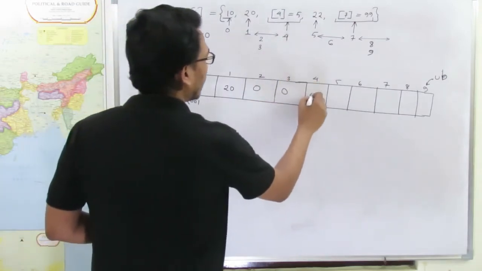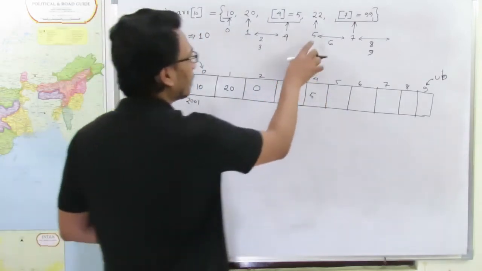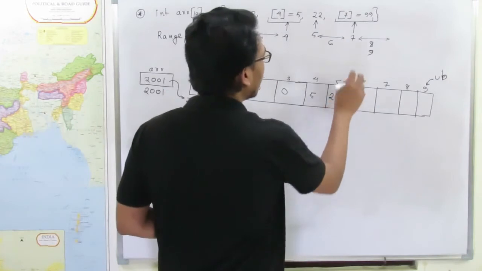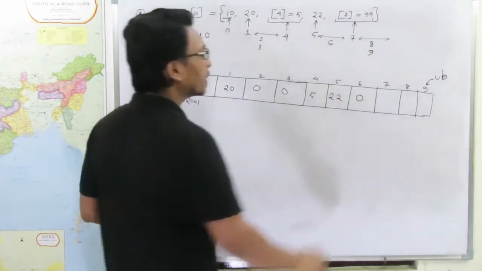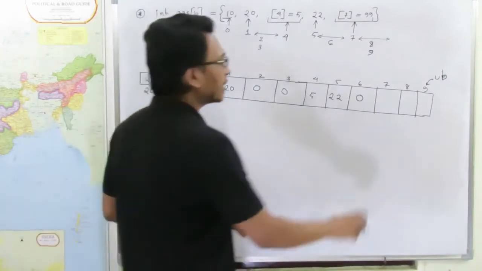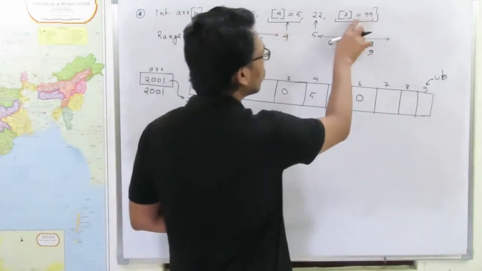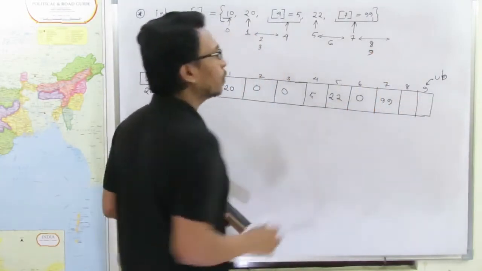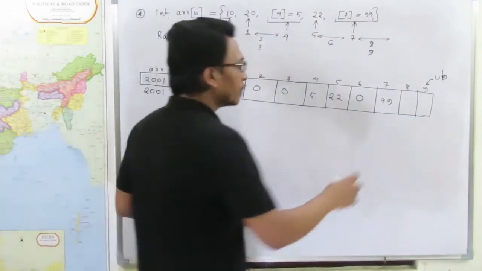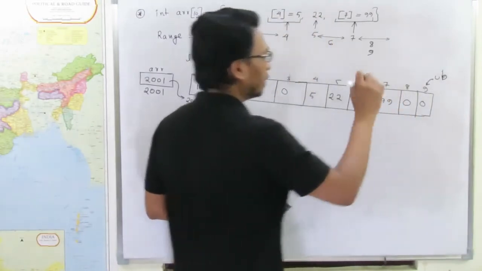Then at index 4 it will store 5, then at index 5 it will store 22. Then for index 6 we did not specify any value, so it will be initialized with 0. The next element is 99, stored at index 7. Then for 8 and 9 also we did not specify any value, so they will be initialized with 0, 0.